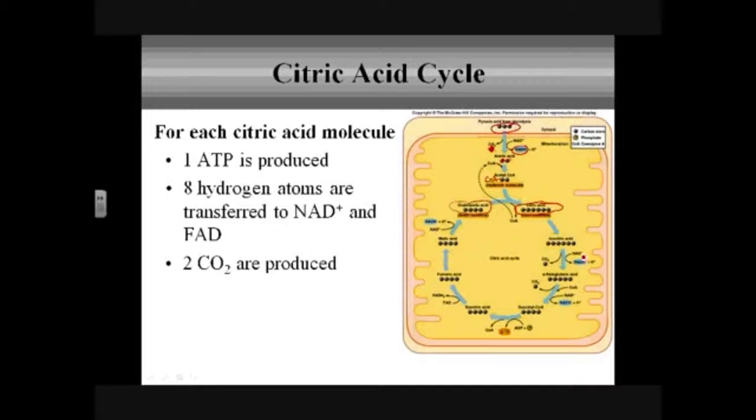Ultimately what you wind up getting is 3 more NADHs, 2 carbon dioxides, 1 ATP molecule, and 1 FADH2 molecule in the citric acid cycle.